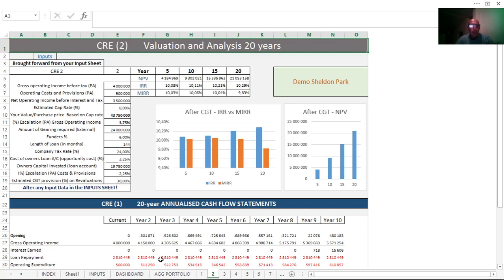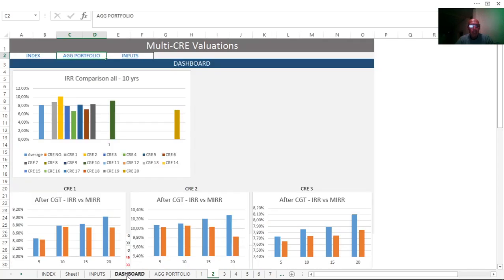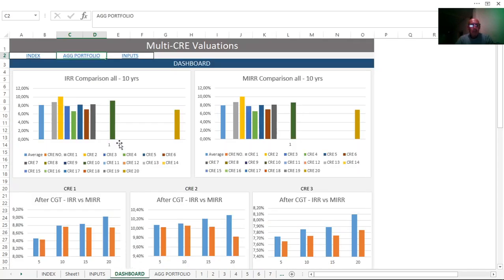They are all similar. In fact, they're exactly the same other than the inputs you have put in there. The dashboard is nice for you to visually compare.